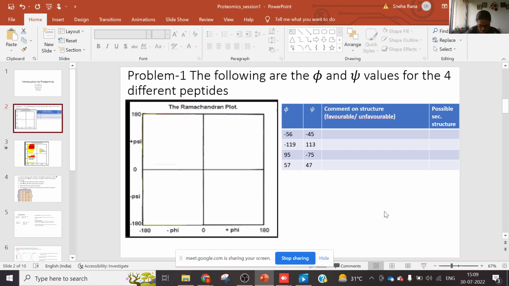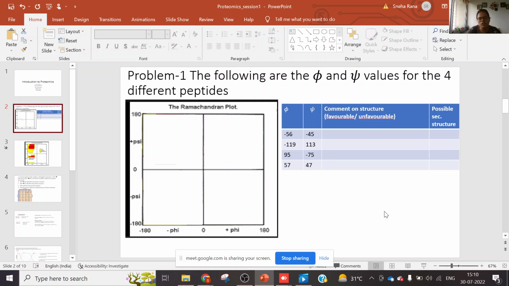Phi and psi are dihedral angles. Phi is the dihedral angle between C alpha and the N group, and psi is the angle between C alpha and the carbonyl carbon group.